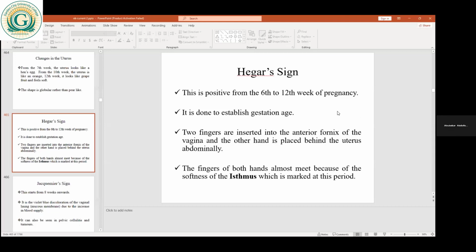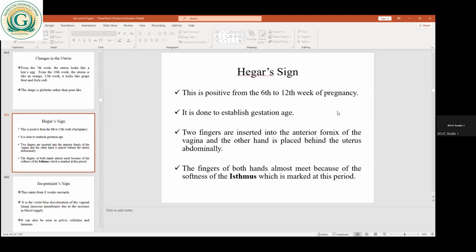If two fingers are inserted into the anterior fornix of the vagina, and the other hand is placed behind the uterus abdominally, we have the isthmus of the uterus, which is near the cervix.